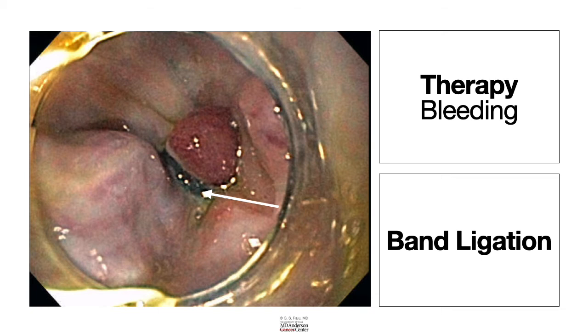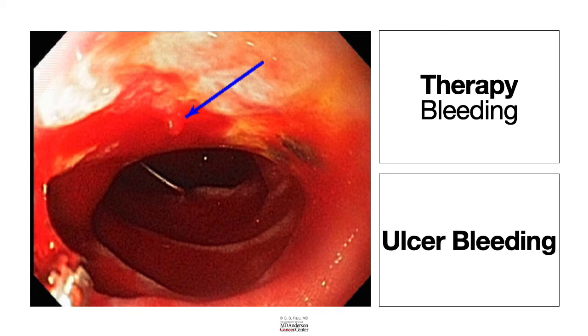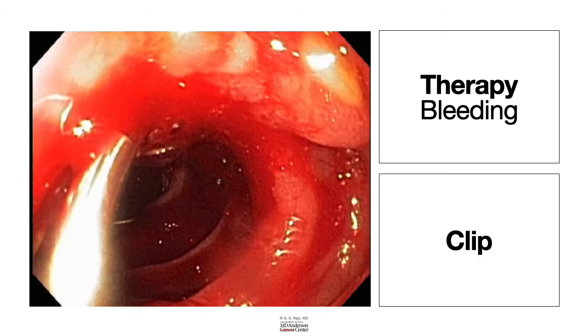You could also see someone coming in with bleeding, especially black stools, from an ulcer, that is ulcer bleeding, and you could treat that ulcer bleeding either by cautery or applying a clip.